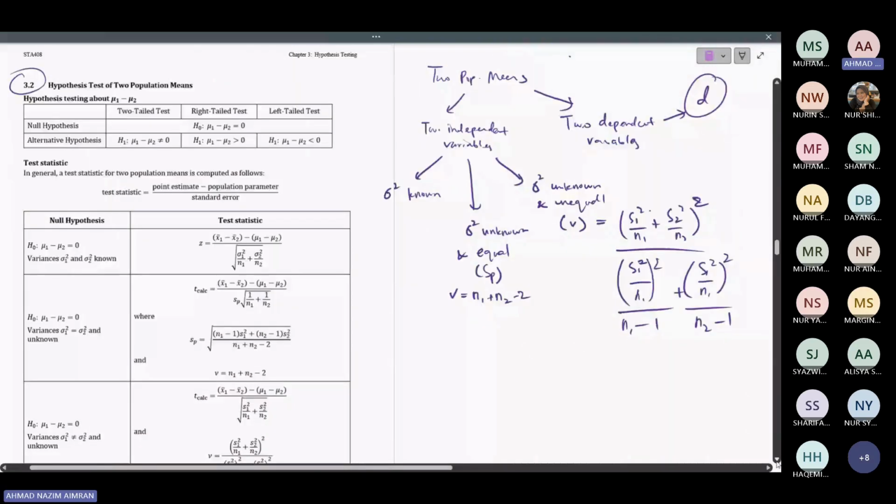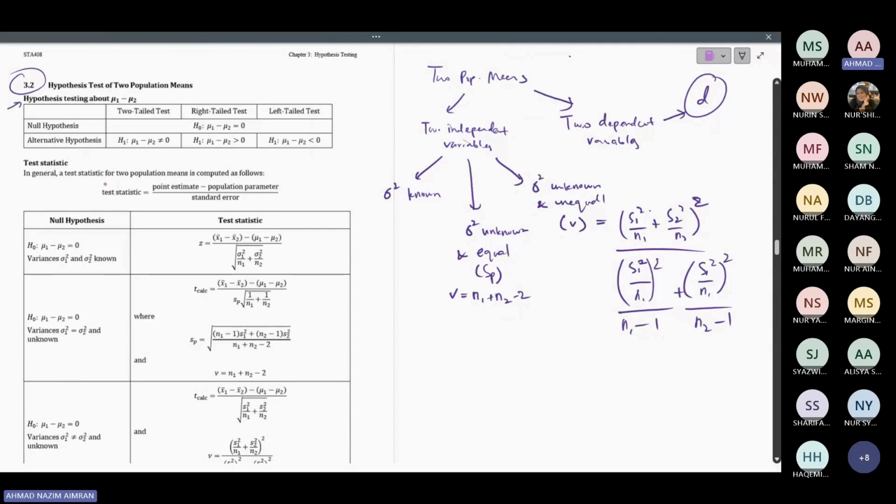Now, for two population means, to test the hypothesis, the same as in chapter 2, you have two tail test, right tail test, and left tail test.